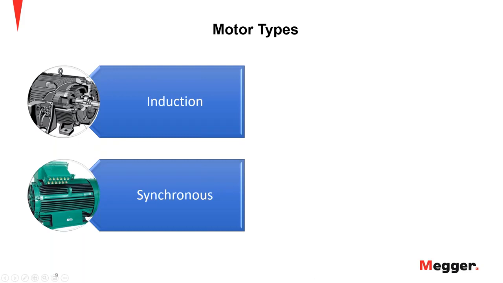So in the induction motor, once it's energized, it'll create a magnetic field in the stator winding at the system speed, and that speed we're talking about is the 50 or 60 hertz, and that depends on the location where you are located in the world. So the stator winding magnetic field will induce this voltage into the rotor winding, thus drawing a current from the system.